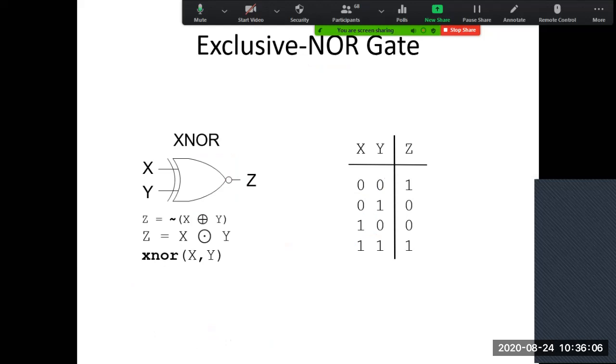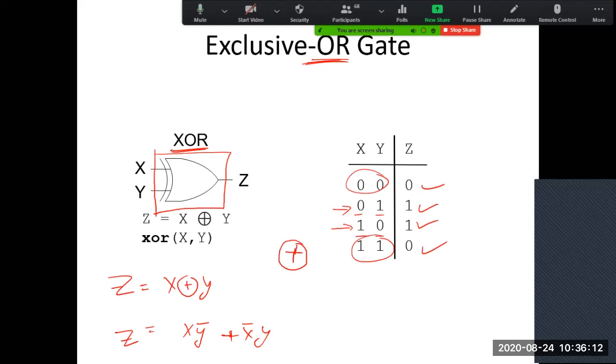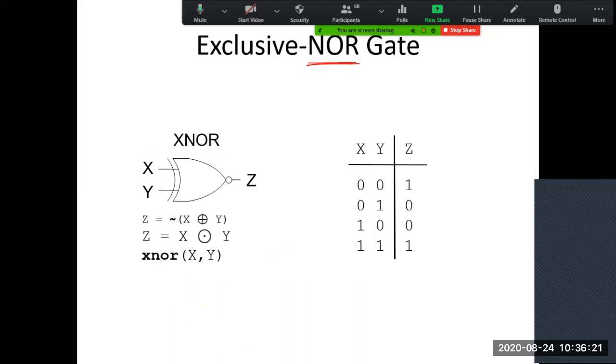After this, I'm taking one more gate, XNOR. Remember this symbol notation and this expression also. If you go next, you can see there is only one difference: I am putting one NOT gate in front of this XOR gate.